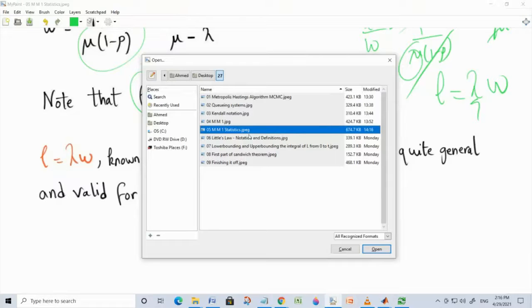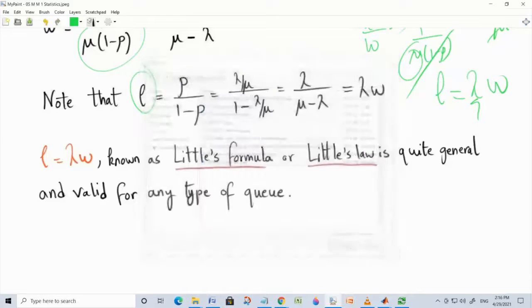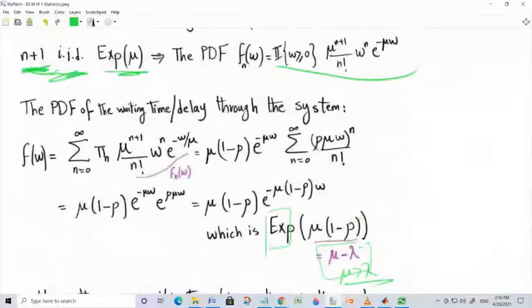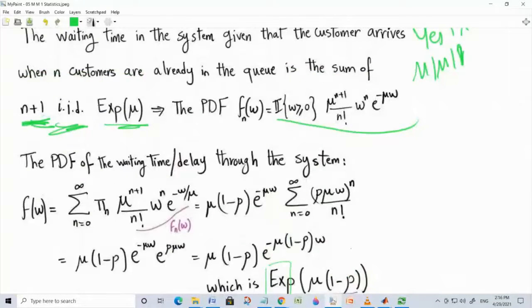So there was a step in which again you need to find the PDF. This is the hard way of doing things, in which you actually obtain the PDF of the waiting time. Here you need to ask yourself this question from the point of view of an arrival: what is the probability of encountering n customers already there in the system?